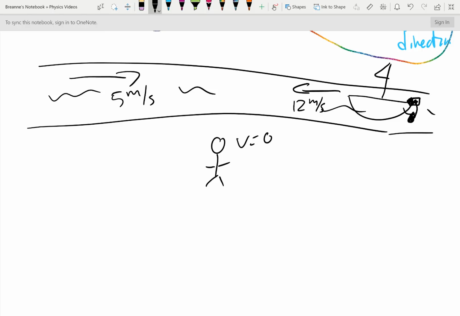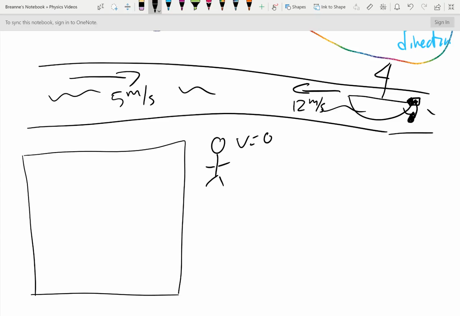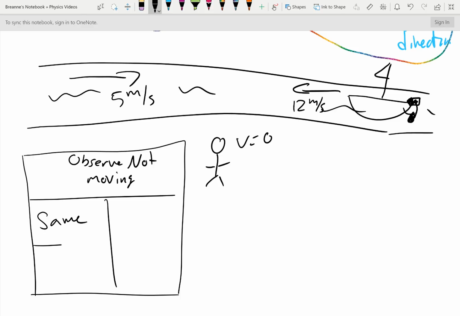Now remember, we had a little chart here. So we had observer not moving. It was the same direction, you added. If it was opposite direction, you subtracted.